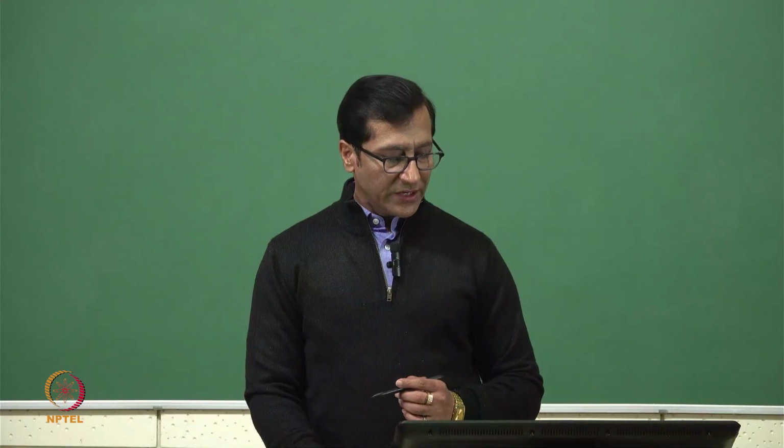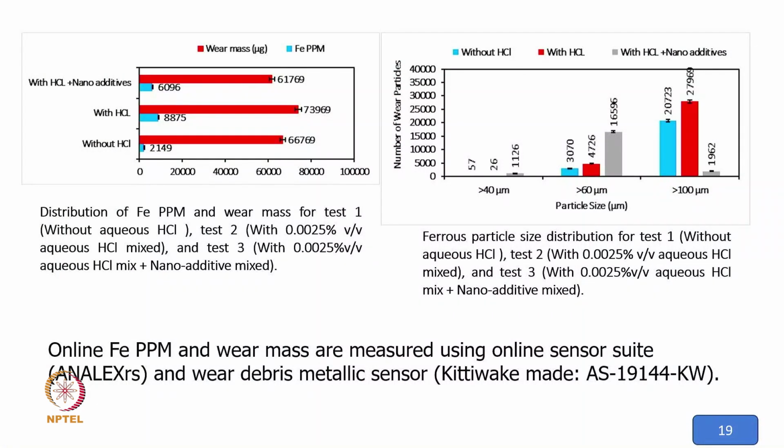Now I am showing the oil analysis results. You can see the distribution of iron ppm and wear mass; wear mass is shown in micrograms and Fe ppm with the blue squares. We see three situations. One is pure oil without adding HCl.